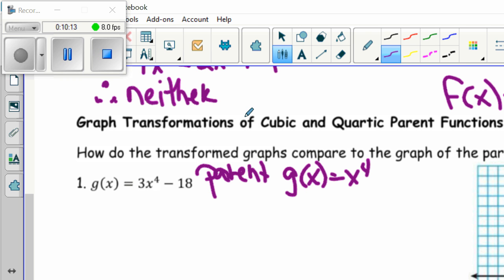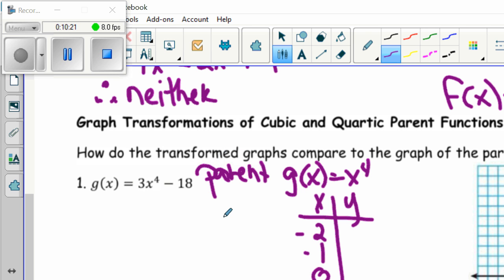To make an xy table of this, I'm going to pick the numbers we always pick: -2, -1, 0, 1, and 2. I plug in my x's, my y values, so 0, 0, 1 to the fourth power is 1, -1 to the fourth power is also 1, 2 to the fourth is 16, -2 to the fourth is 16. So I see that the parent function, x to the fourth, is an even function.